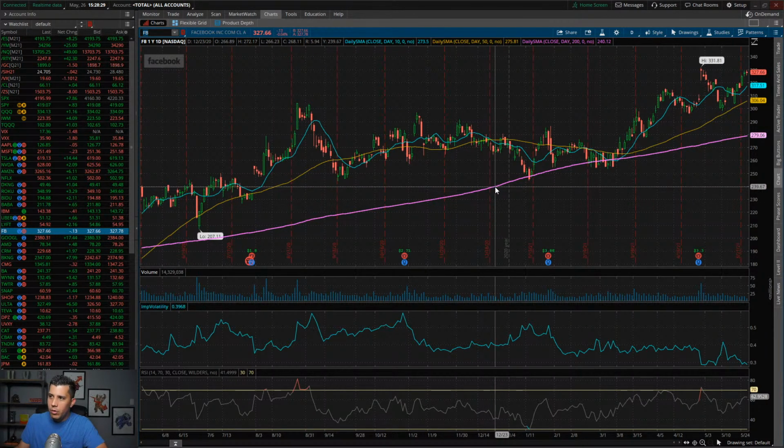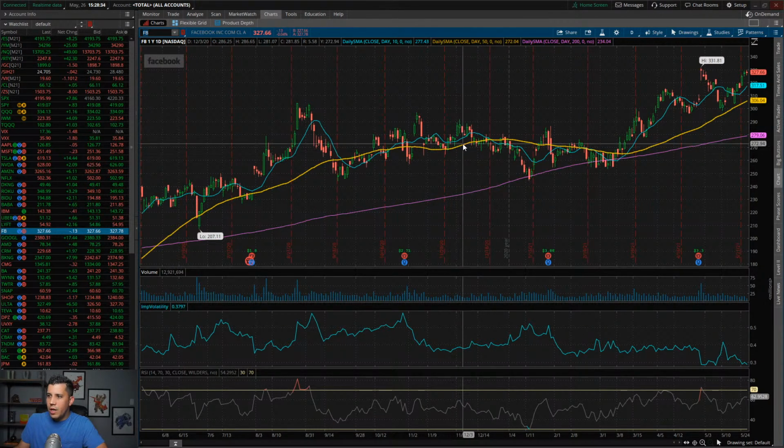The purple line for me is the 200-day, the yellow line is the 50-day moving average, and the 10-day is the blue line. What this tracks is the average price for the last 10 days, the last 50 days, and the last 200 days.